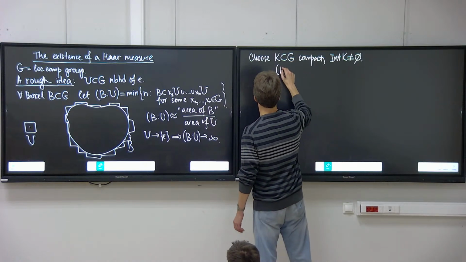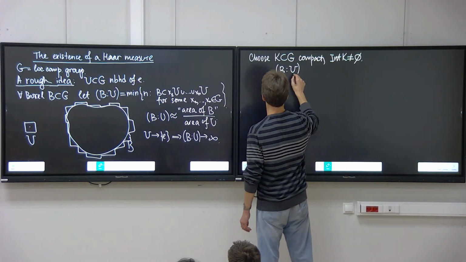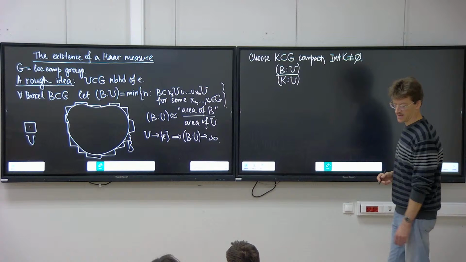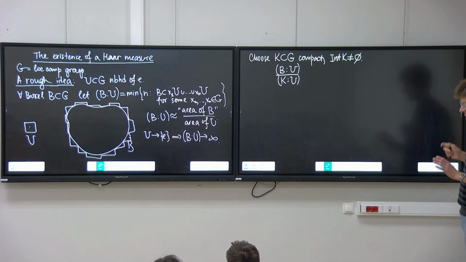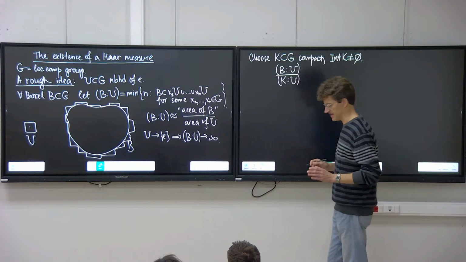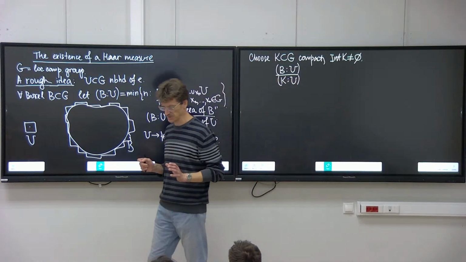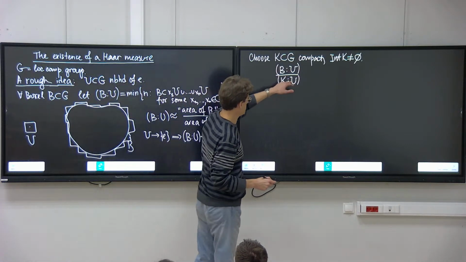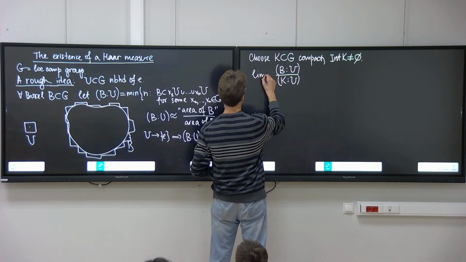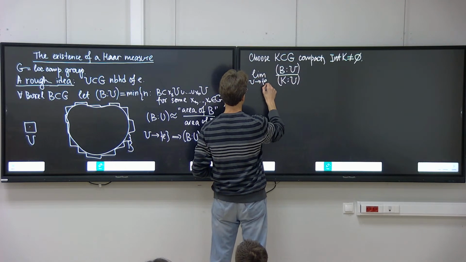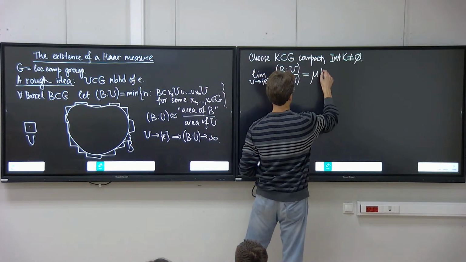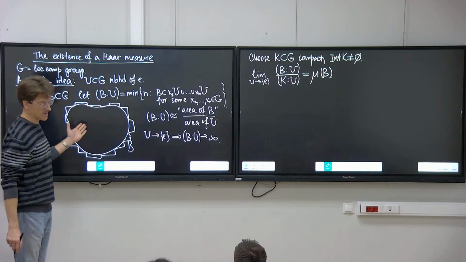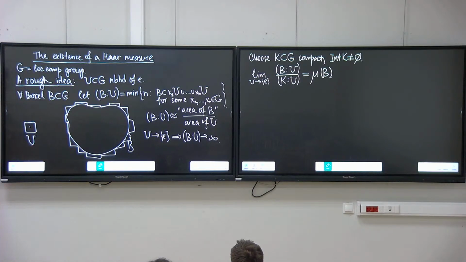We divide the relative size of B by the relative size of K. The role of K is that of a reference sample, a fixed compact set whose measure is declared to be equal to 1. After this, we take the limit of this number as U shrinks to the identity, and we define our measure by this formula. So this is the geometric idea behind the construction of our measure.